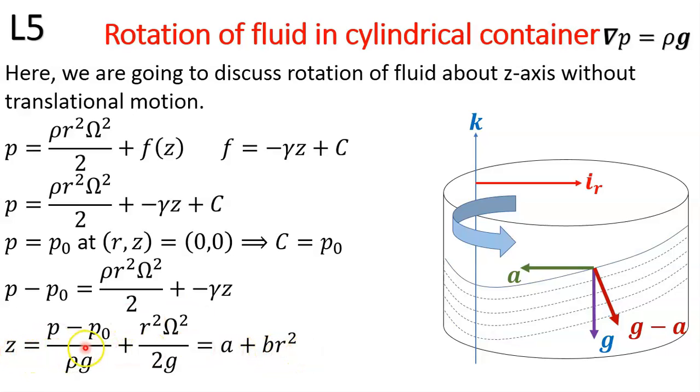So here we can interpret this equation as the pressure linearly depends upon z, whereas the pressure parabolically depends upon the radius. So linear and parabolic dependence can be understood from the power involved here, and we can look at the quantity p minus p0 upon rho g as some constant A and omega square upon 2g as constant B. Thank you.